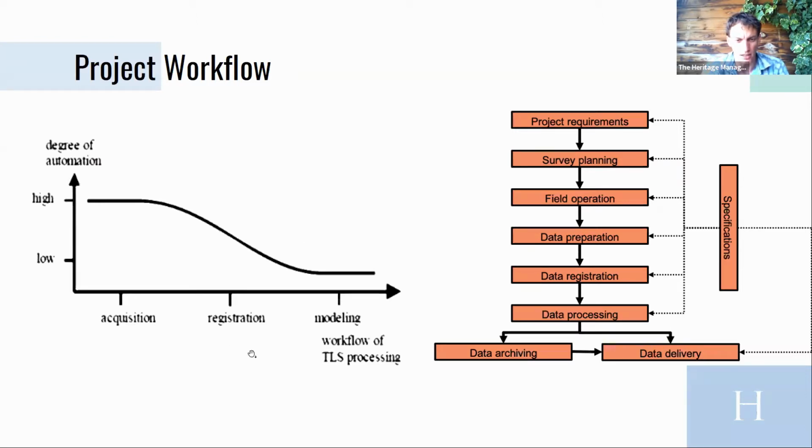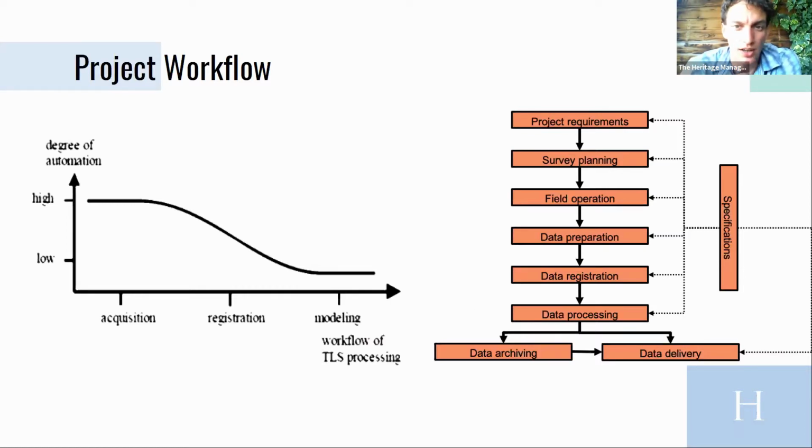Most, I don't say everything, but most of the modeling procedures, so the extraction of information out of your point cloud data, still have a very low level of automation. And registration, which we will discuss after this part of the presentation, is somewhere in the middle, fortunately.